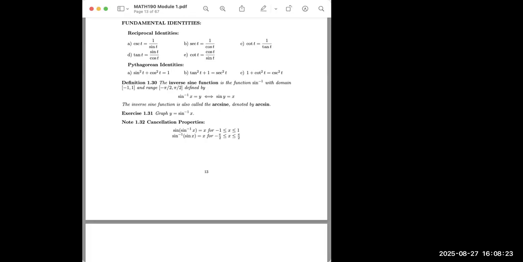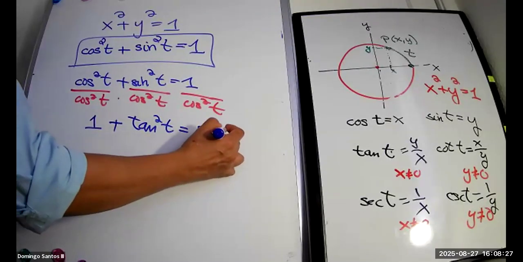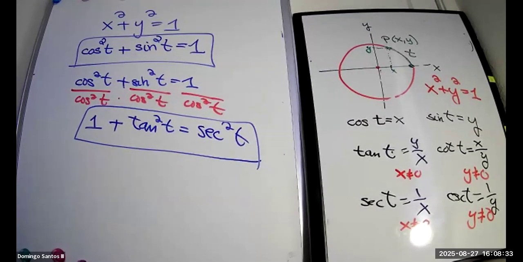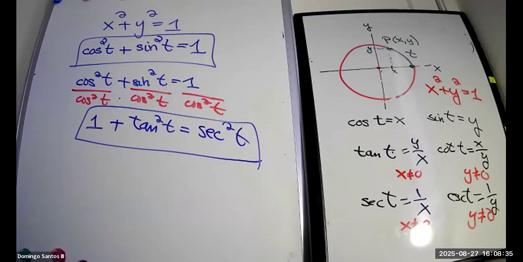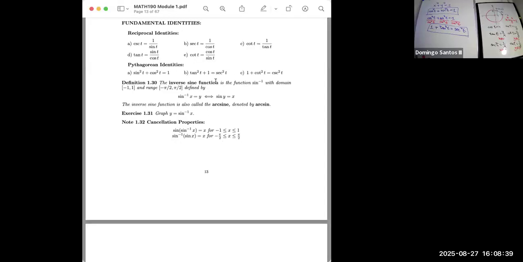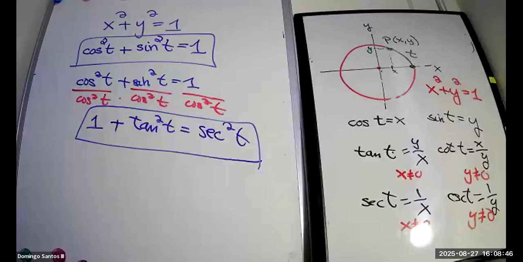So this is secant squared, correct? So this is your next Pythagorean identity. Is that in your notes, Jawan? Yes, it's actually this one: tangent squared plus 1 equals secant squared, correct? That's where we got that.